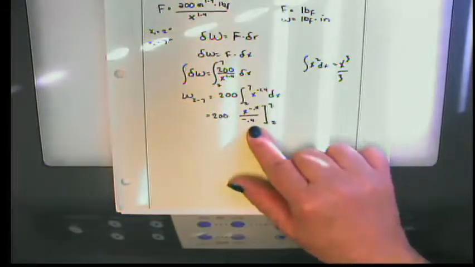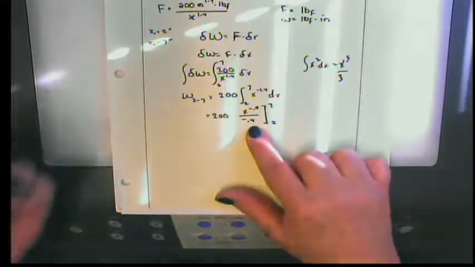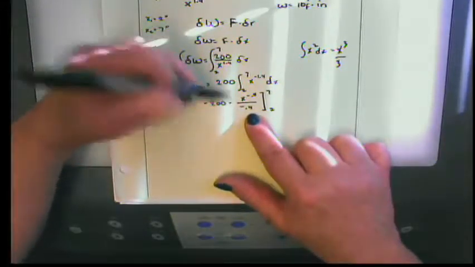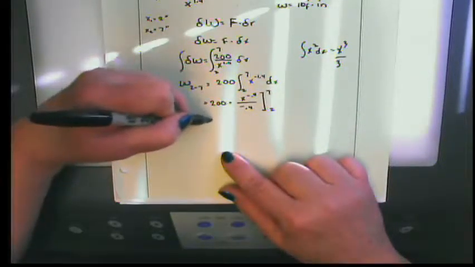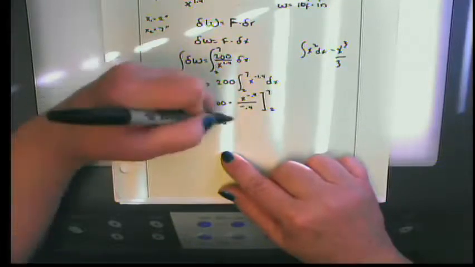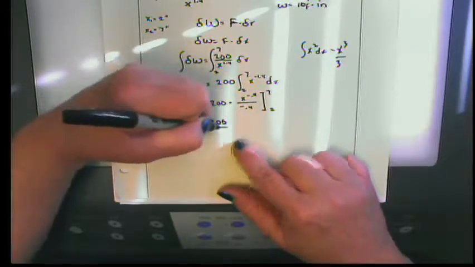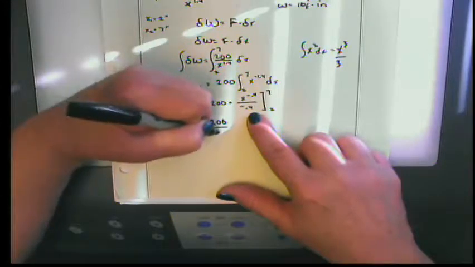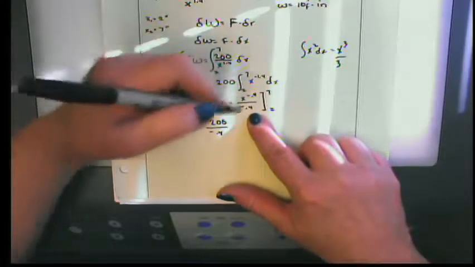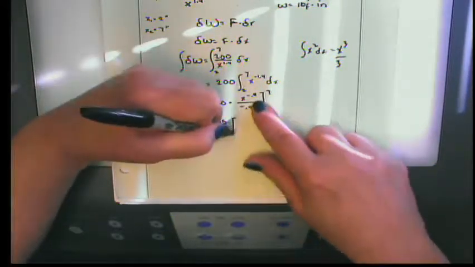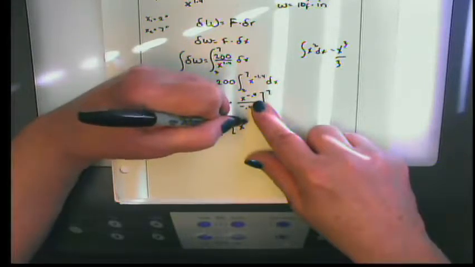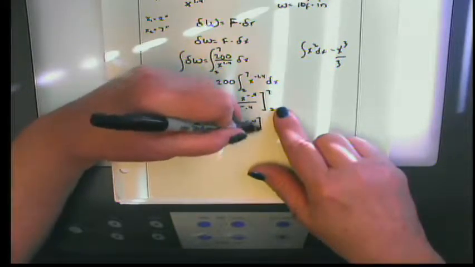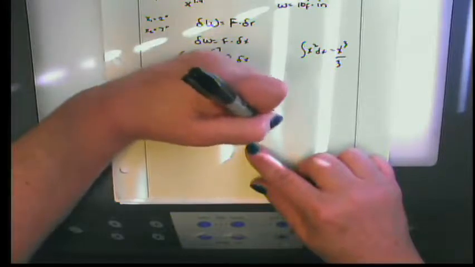It's just that we're with decimal powers instead. So we end up with 200 times, let's just pull this out as well, negative 0.4. And this would be x to the minus 0.4, evaluated at 7 and 2.